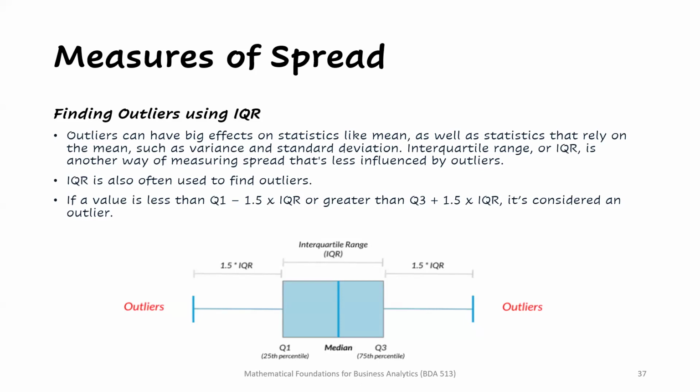All right. After you've done that, if you want the minimum number, you multiply 1.5 by the IQR and then deduct from your Q1. That gives you the minimum number. If you want your maximum number, you multiply 1.5 by IQR and add to your Q3.